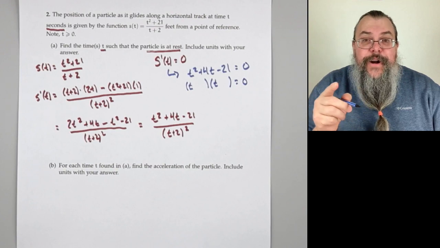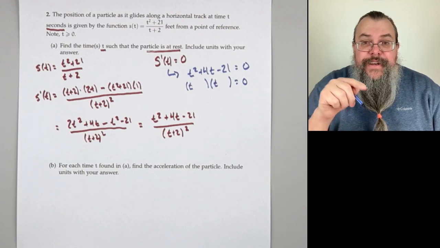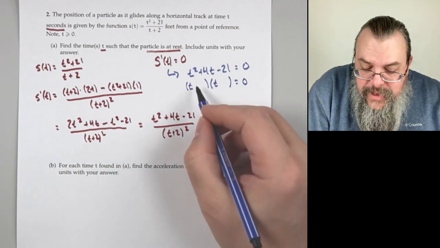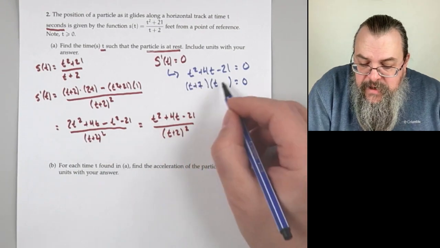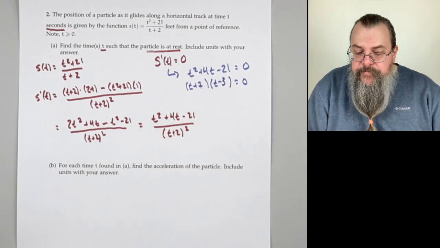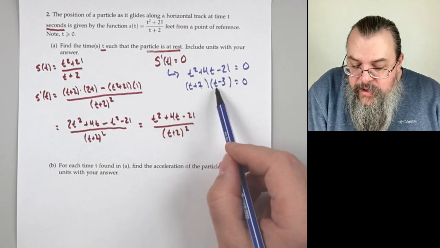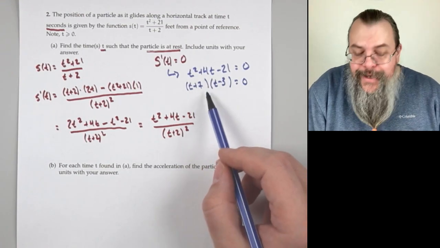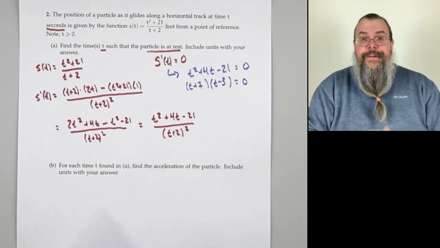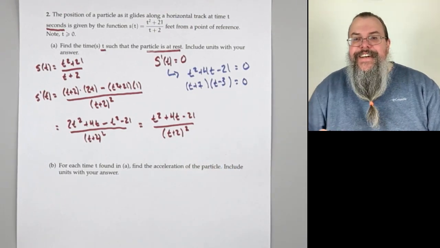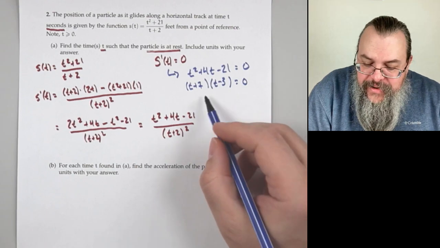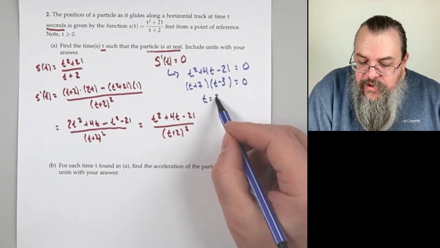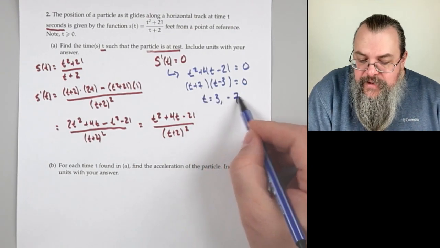Oh, I can get 4 out of that, because if I take a plus 7 and a minus 3. So I think that might be it. Plus 7 and a minus 3. We double check. t squared. Good. Minus 3t plus 7t. Great. And a minus 21. Perfect. Nailed it. Now, what does this tell us? It tells us that t is 3 or negative 7.